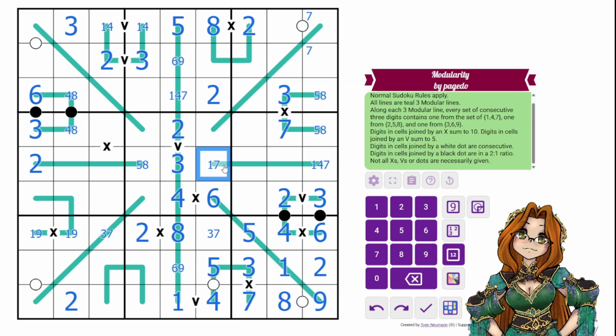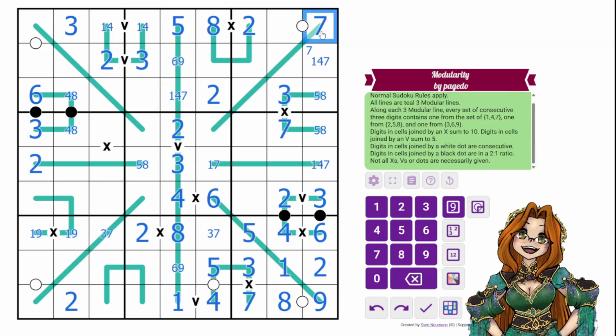That is not a 4. In fact, all 3 of these that are left are from 147. So if this was 1, this would have to be a 2. That's not allowed. If this was 4, this could be 5 or 3, and neither of those are allowed.